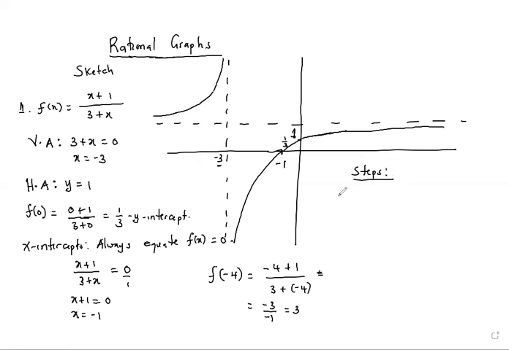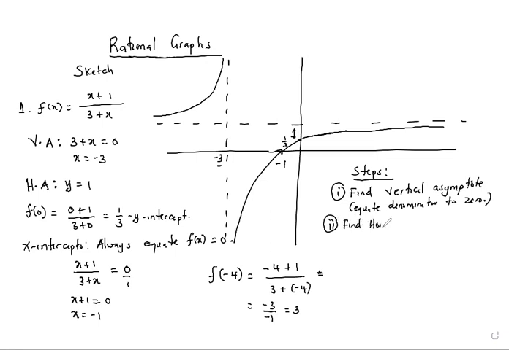Please don't forget. Step 1: find the vertical asymptote. How? Equate the denominator with 0. Step 2: find the horizontal asymptote. How?